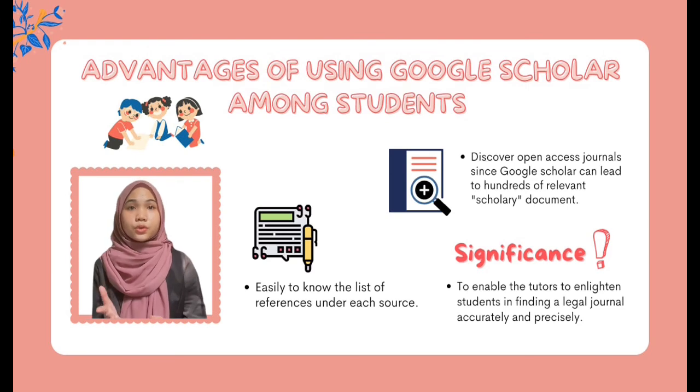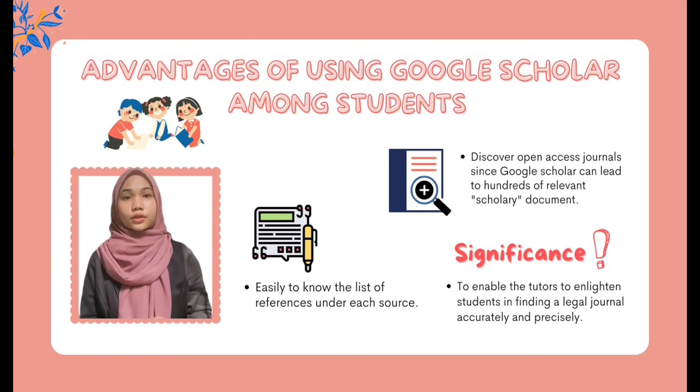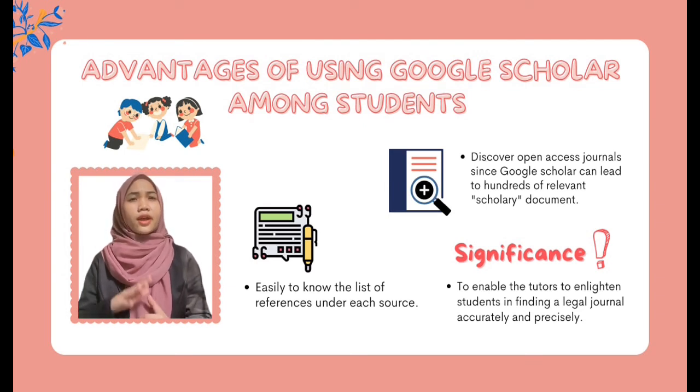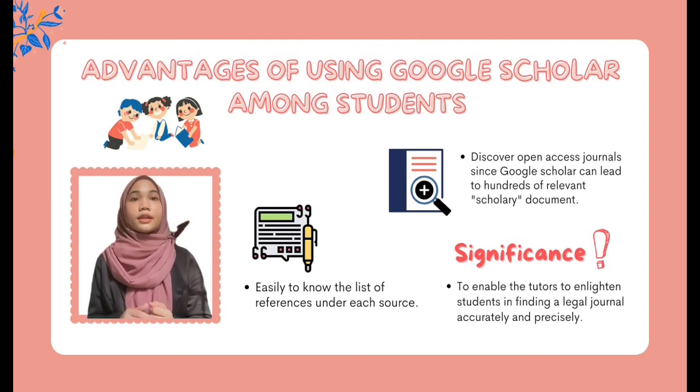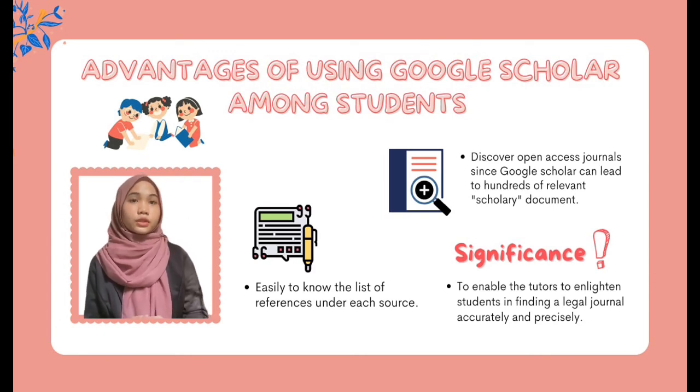Students, did you know that by clicking on the citation link, you can see all the pages that point to the original one listed are displayed. Students, to conclude, Google Scholar is beneficial to every student. However, the significance of this research is to enable the tutors to enlighten students in finding a legal journal accurately and precisely. I hope that my students can understand well about Google Scholar.